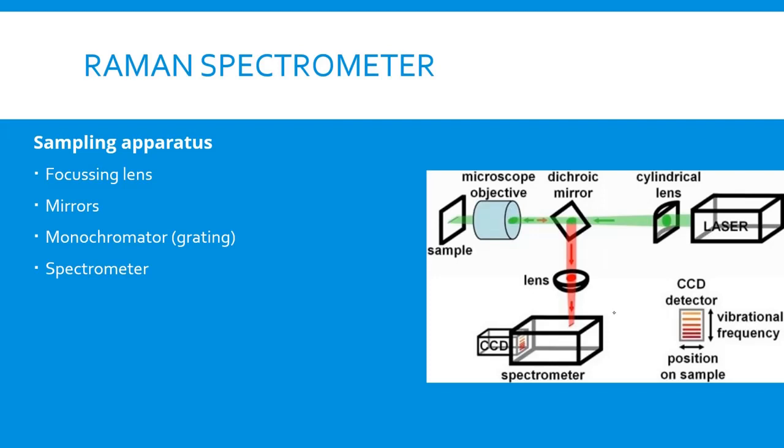It must contain some lenses and a mirror so that the light can be focused and intensified. It should contain a monochromator grating, because the incoming scattered light will have different frequencies.